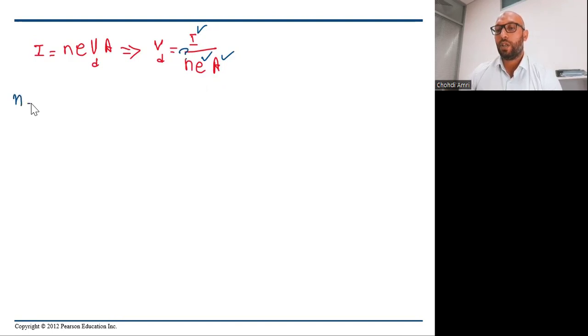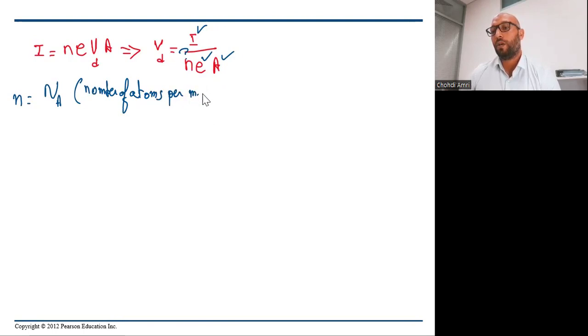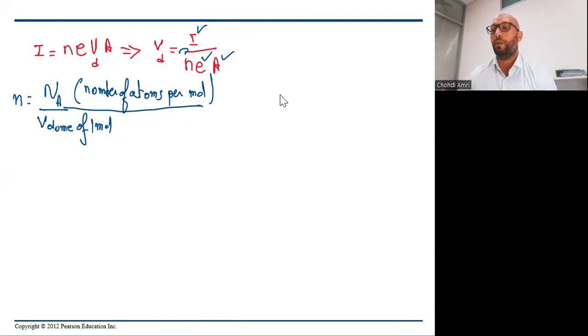n is the number of charges per unit volume, and it's equivalent to the Avogadro number, which is the number of atoms per mole, divided by the volume of 1 mole.